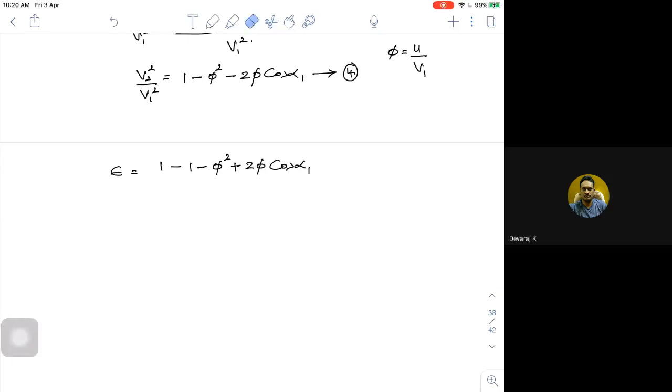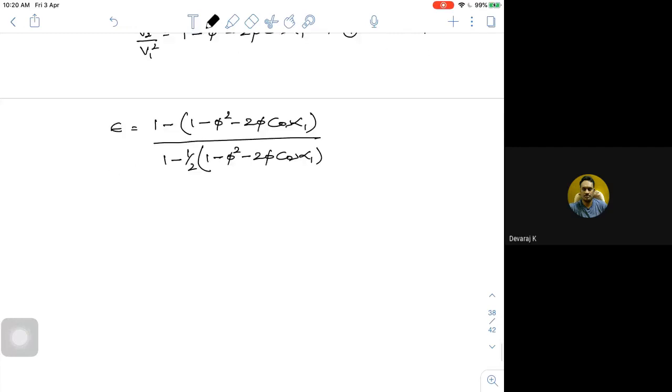Let me substitute it, then that will be better, and then I'll simplify it. So this is 1 minus phi square minus 2 phi cos alpha 1. I'll open the bracket in the next step. This will be 1 minus 1 upon 1 minus phi square minus 2 phi cos alpha 1.